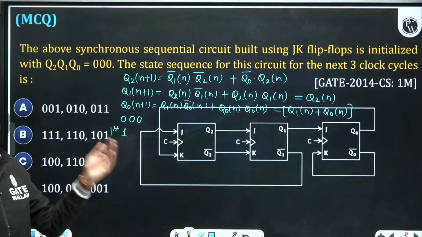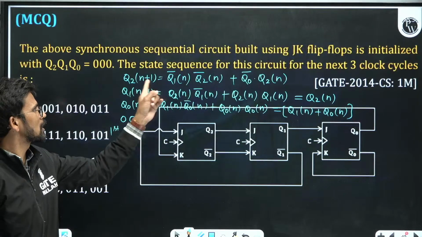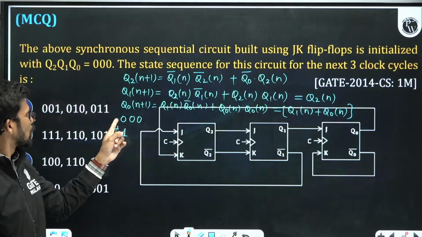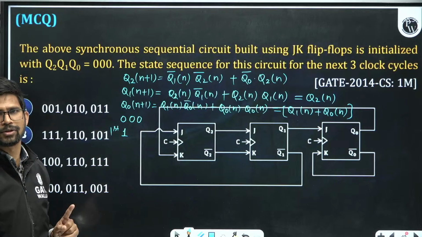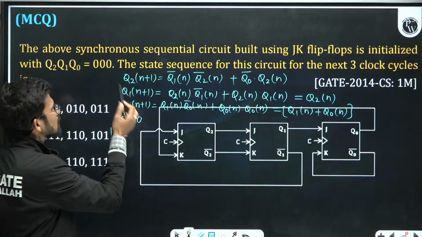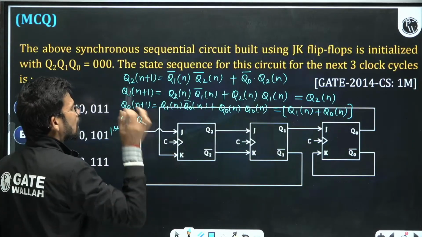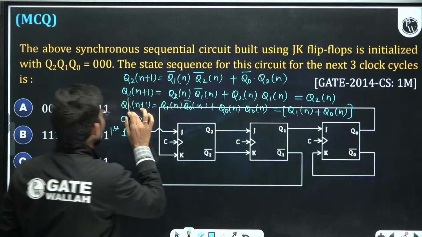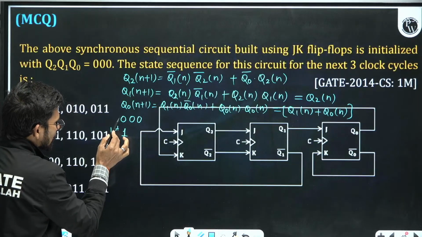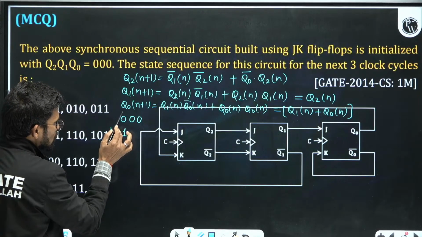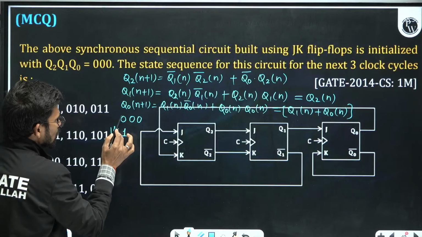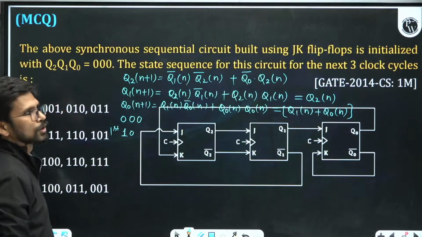So the next state of Q2 will be 1 from this equation, where Q2n, Q1n, Q0n is 0, 0, 0. Now what is the next state Q1(n+1)? The present state of Q2n will be the next state of Q1. Present state of Q2n is 0, so this 0 becomes the next state of Q1.